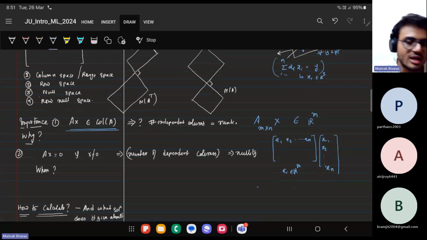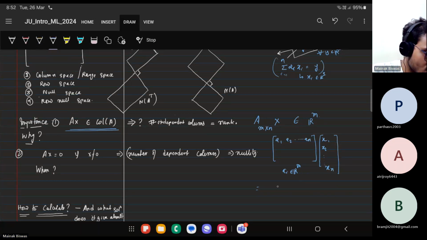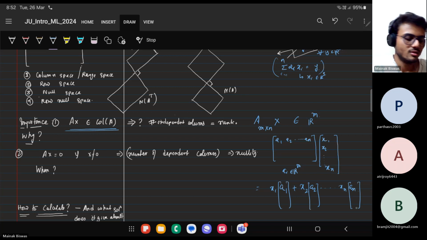If you recall, we had seen it from the Vedic mathematics last time, that this was equivalent to writing x1 a1, x2 a2, dot dot dot, xn an, right? Recall? This is how we wrote.